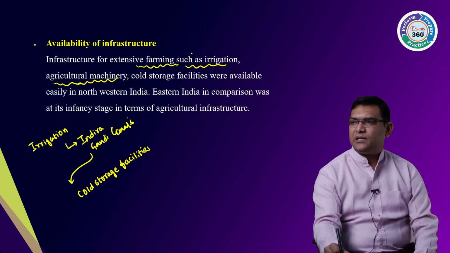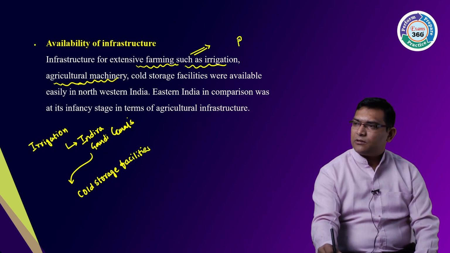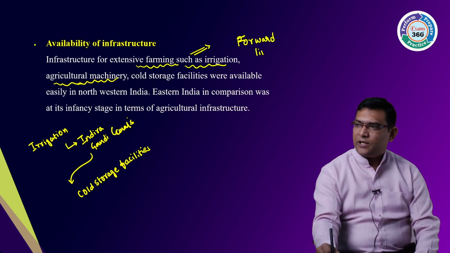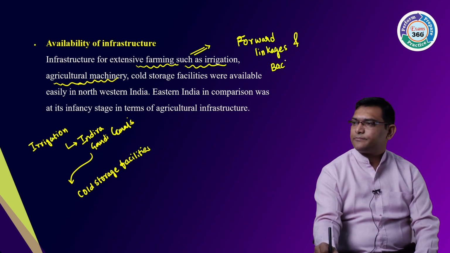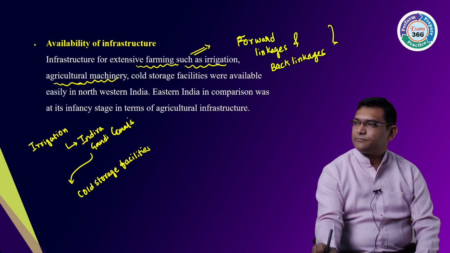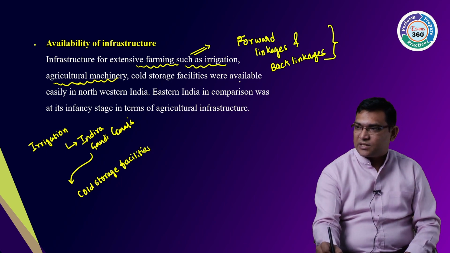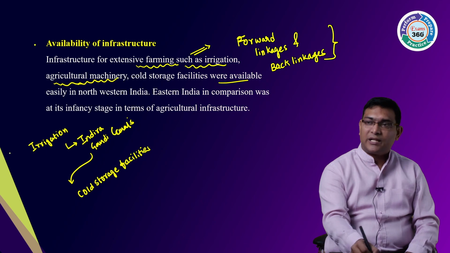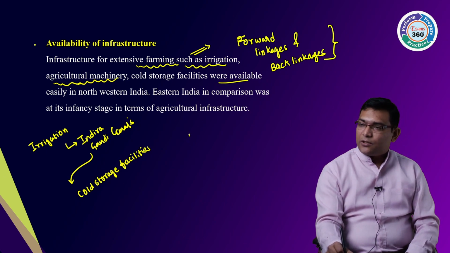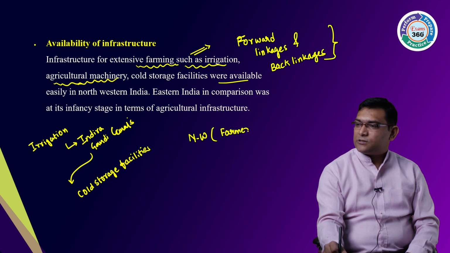That means the forward linkages and backward linkages were well connected. That was a major thing: cold storage facilities, agricultural machinery. That is why you see that northwestern farmers have high income.